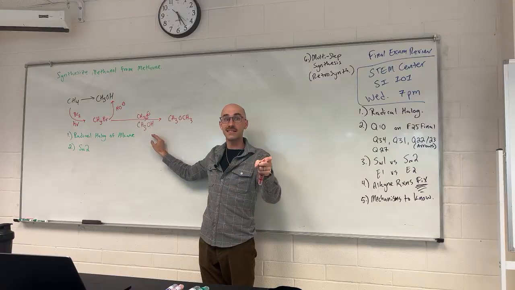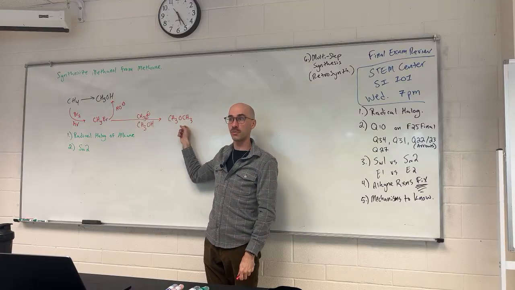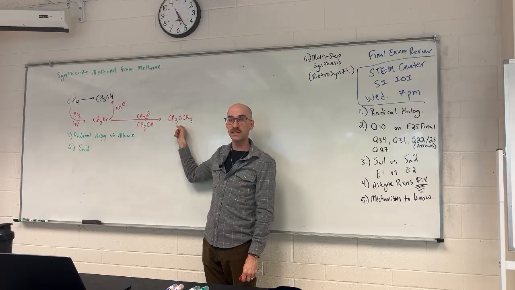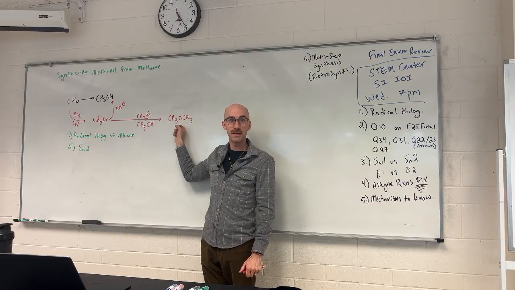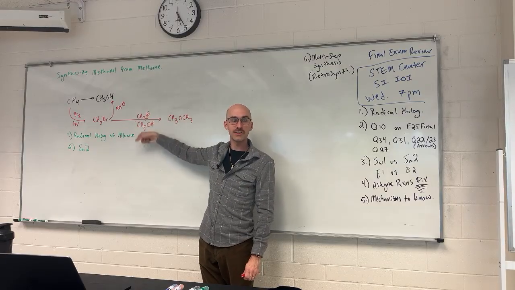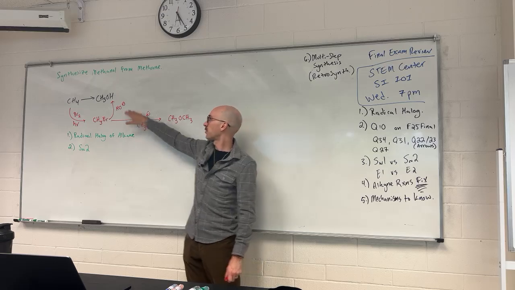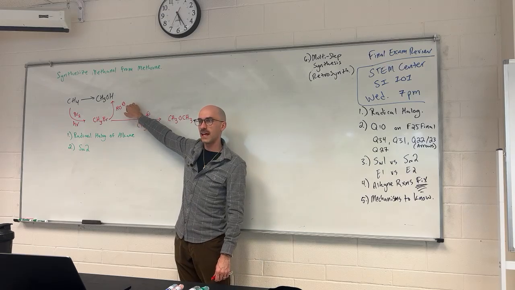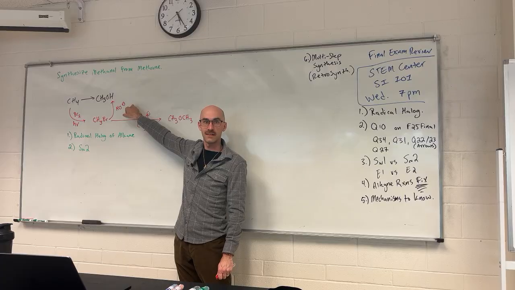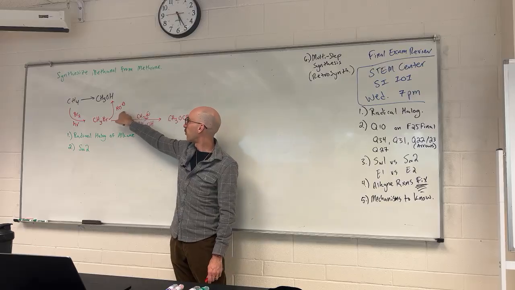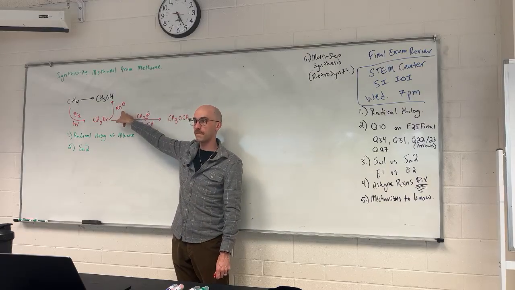The distinction is not what functional group I form. I'll form the same functional group no matter what. The distinction is how good it is at donating its electrons. So the other reagent that I could add here and still get methanol is NaOH, which would be a form of OH minus.